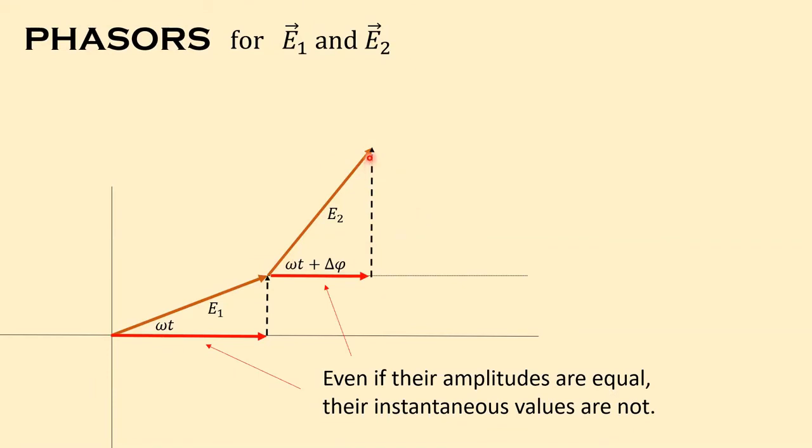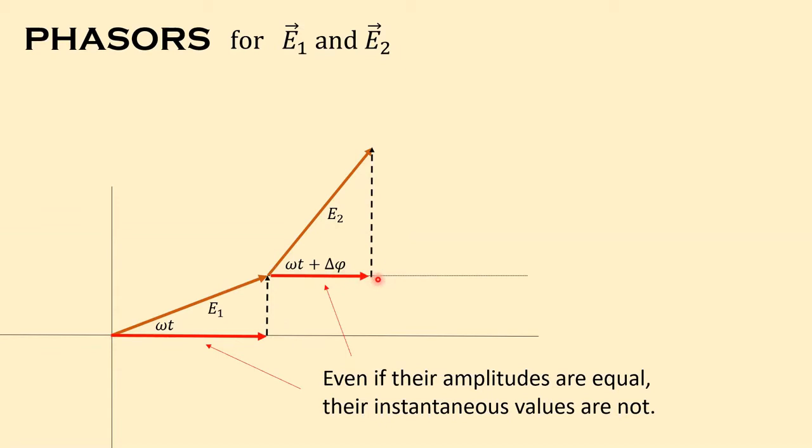So notice, even though these two phasors have equal amplitudes, right? The waves arriving at the screen from the two slits have the same amplitude, but their instantaneous values are not the same because their phases are different. This phasor is rotated by a different amount, so its projection onto the horizontal axis is different. Right? This projection is greater than this projection.